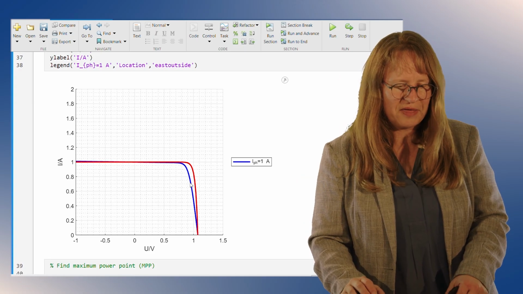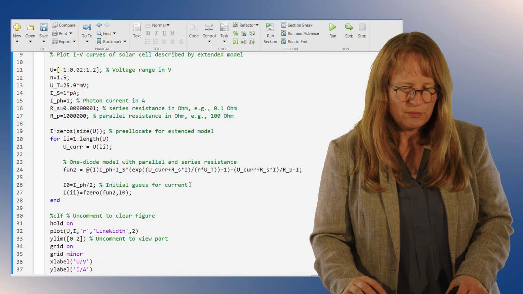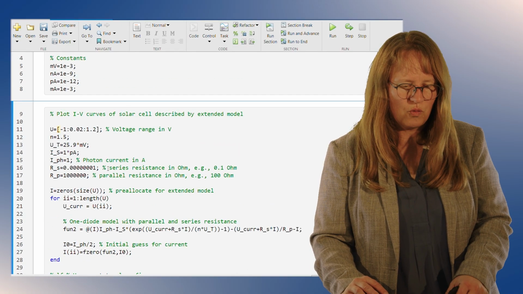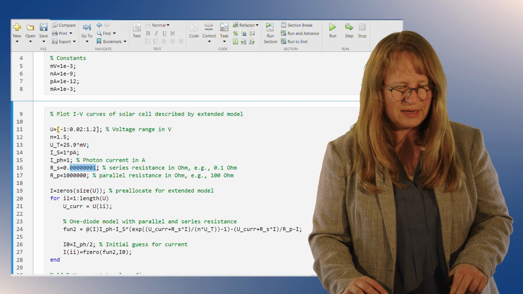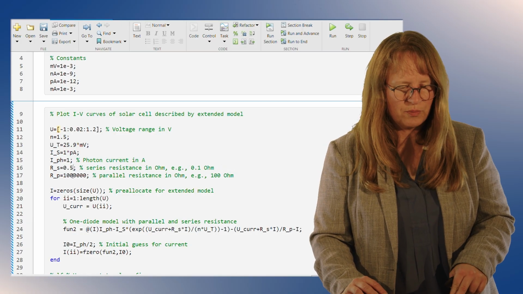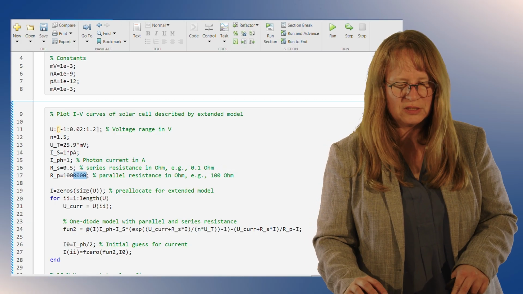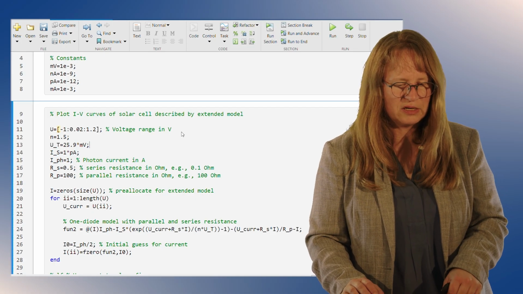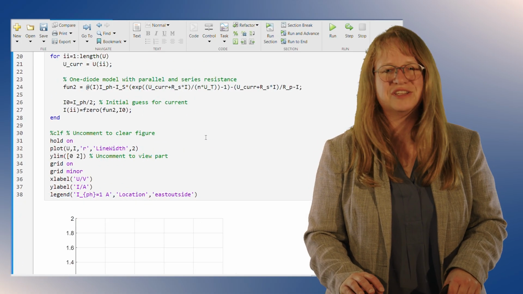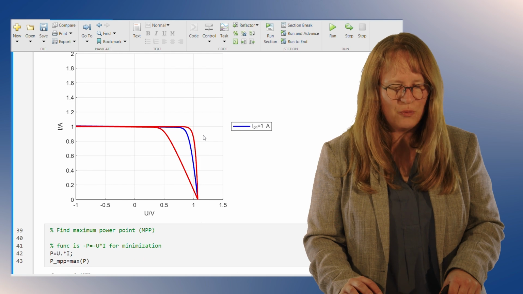So let's look at some other value. Let's, for example, put here 0.5 ohm instead of the 0.1 ohm I had initially, and let's go back to the 100 here and run it. I'm running it in red again, but we can distinguish the two curves because this is the new one here.